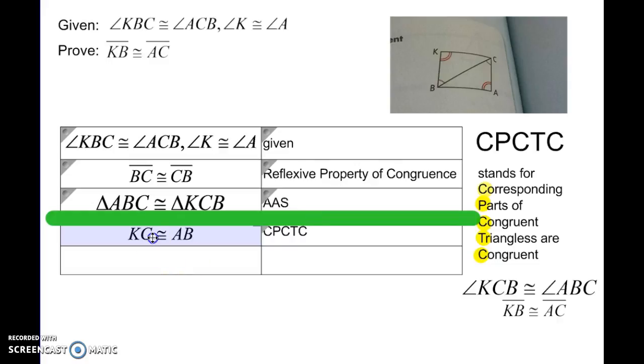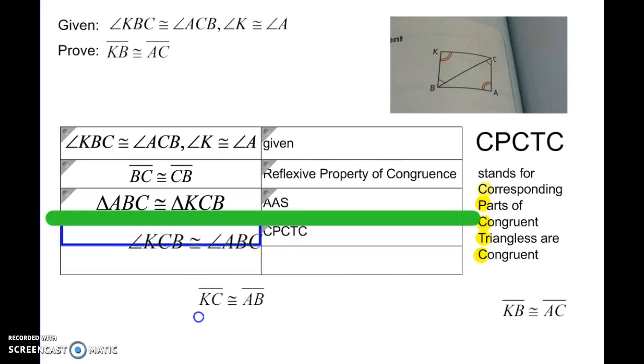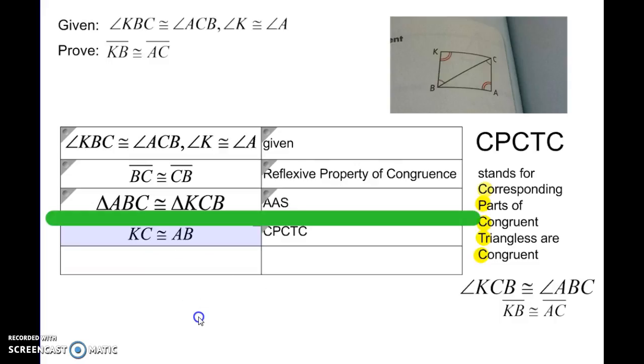We could have taken this one out and replaced it with this one, but that's not what we're trying to prove. The only reason I'm using KC is congruent to AB is because that is what we were trying to prove overall.